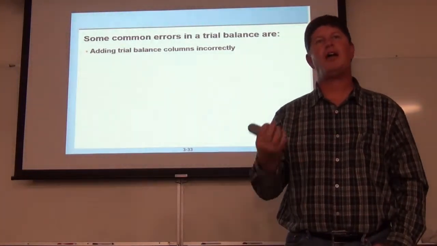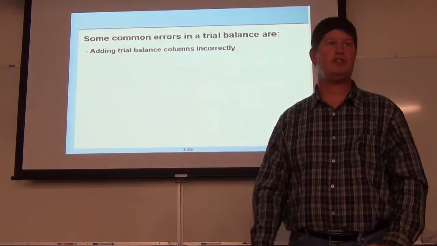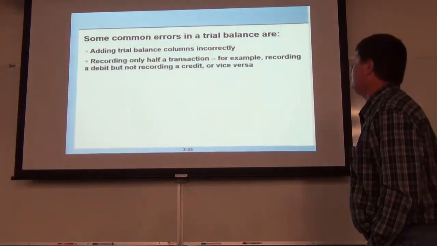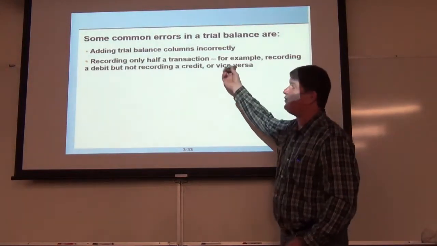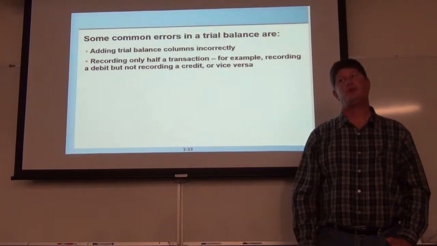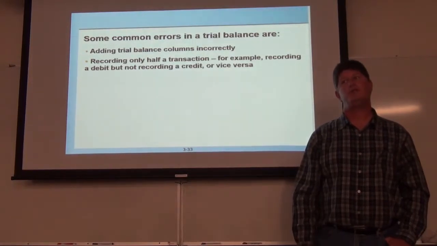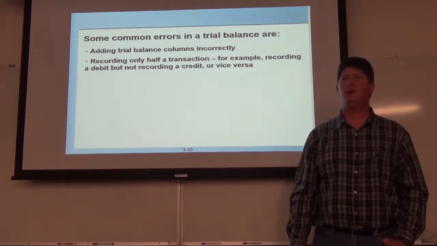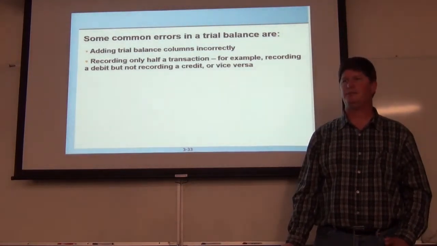So start with the document that you're on and see that you did your math right before you go chasing it too much further. Other common mistakes, you'll record the debit and forget to record the credit, or vice versa. So if I enter a one-legged transaction, I'm automatically out of balance, right?